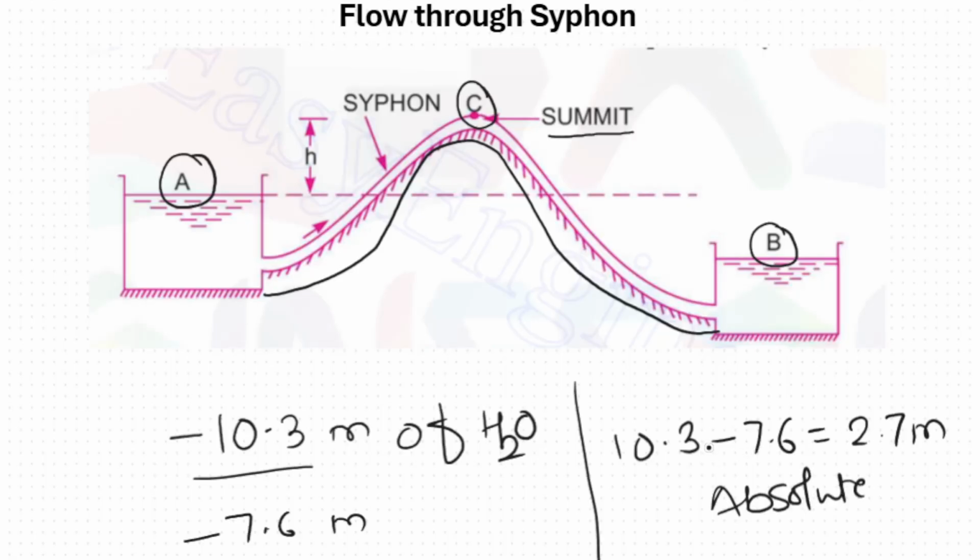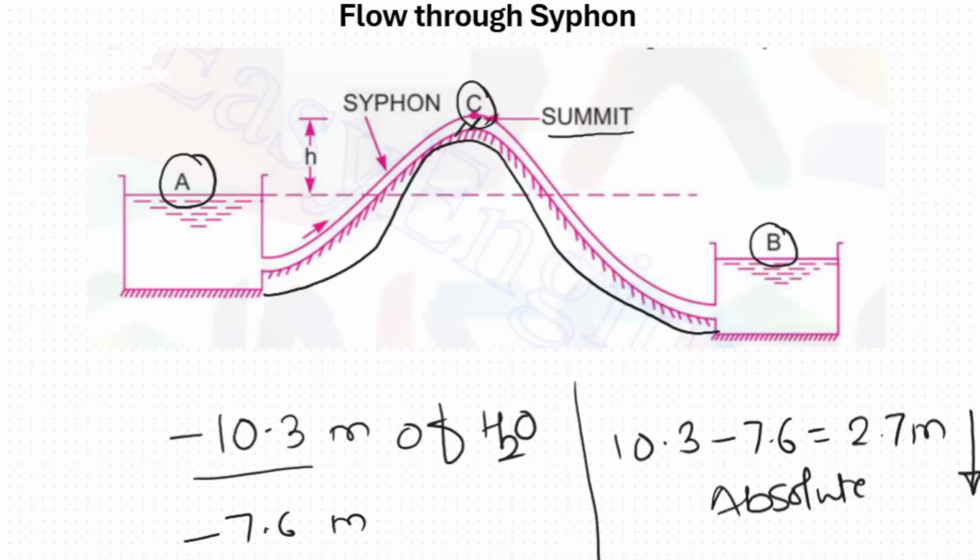Now, friends, if this pressure at C falls below the value, that is 2.7 meter of water absolute, the gases which are present in the water, dissolved gases and other gases, air that is present in the water, would come out from the water and will collect at this point of summit.